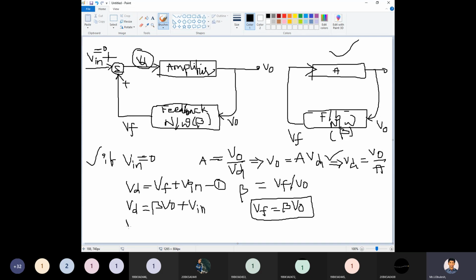V naught by A is equal to beta V naught plus V in.